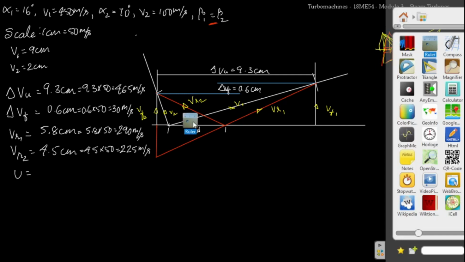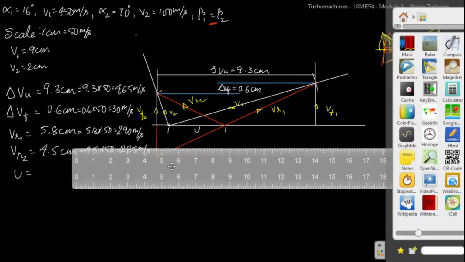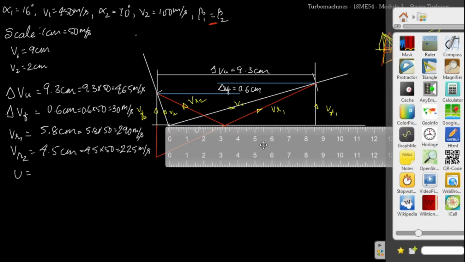So I'll take the ruler again and place it over here, and from the diagram we can see that the length of u is around 3.3 centimeter. So 3.3 into 50 will give us 165 meter per second.